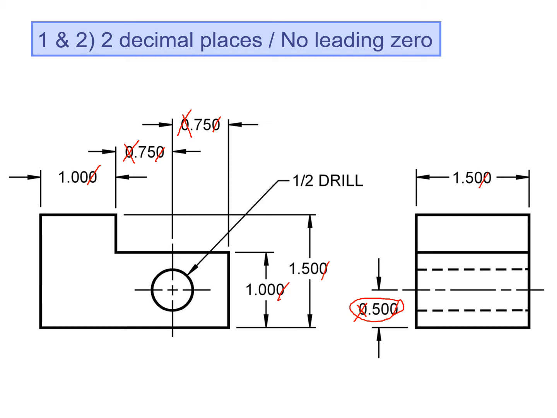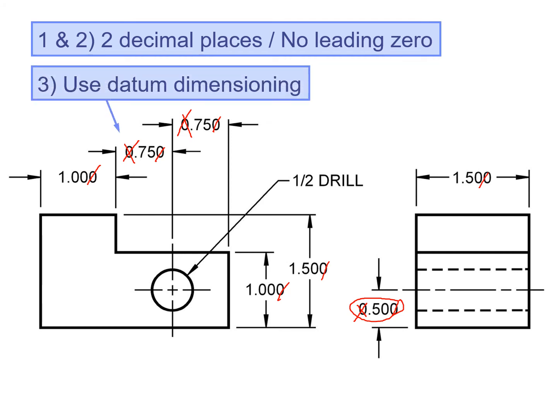Okay, next mistake. Use datum dimensioning. As it was mentioned in the previous slides, you avoid using continuous dimensioning. So we're going to use datum dimensioning to create our dimensions here. Next mistake.